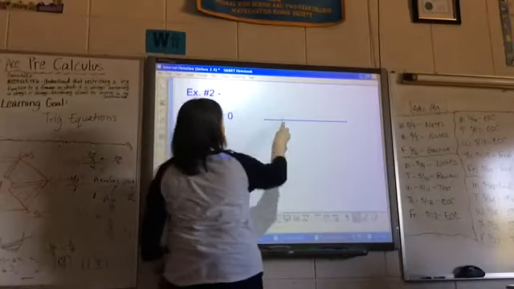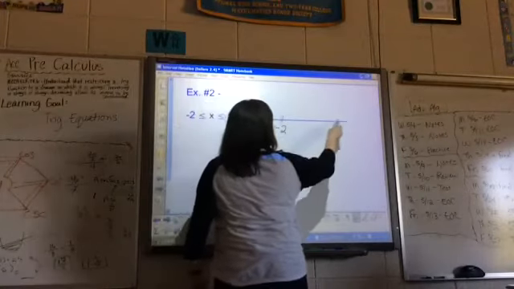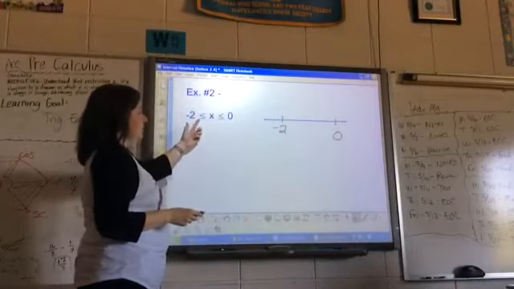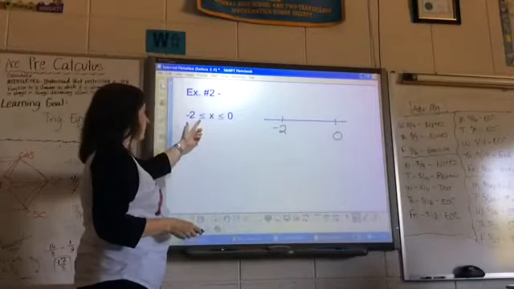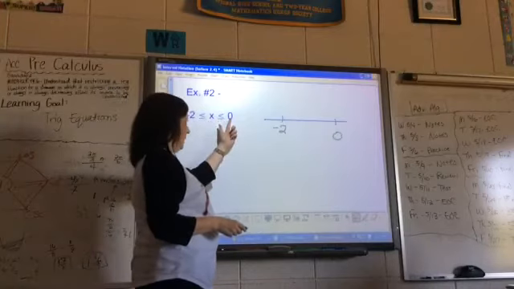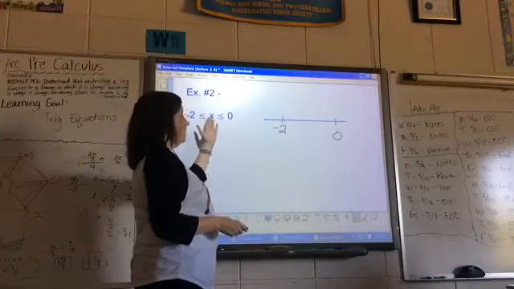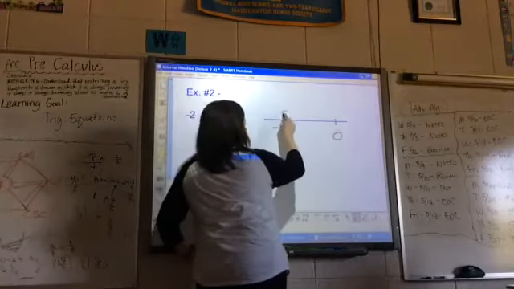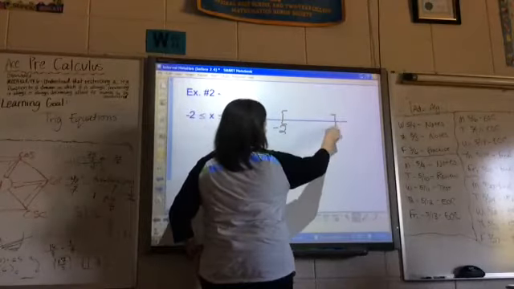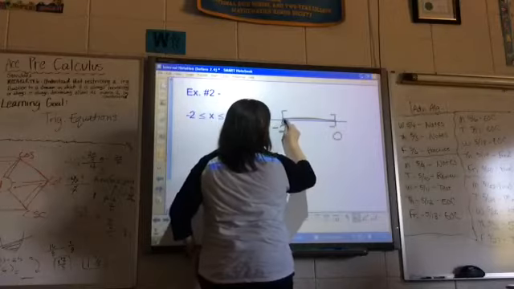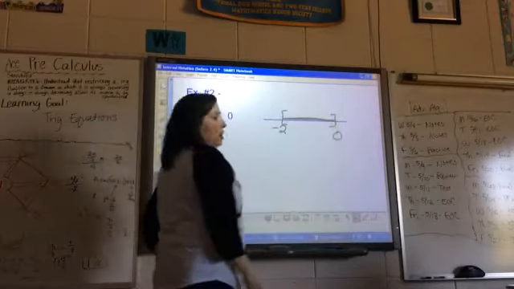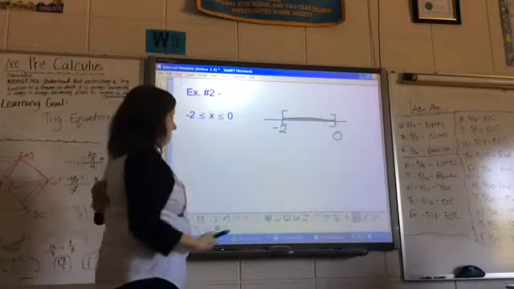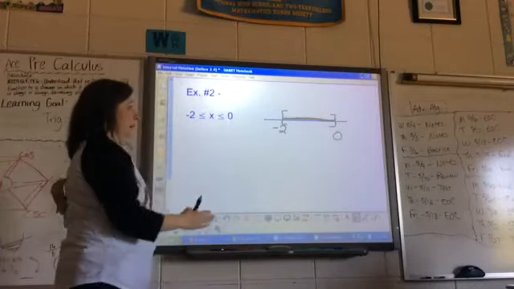I'm going to have -2, and I'm going to have 0, and I've got an equal sign here, so that means I've got a bracket, and an equal sign here, so a bracket, and I'm shading X. You're always shading X, so I'll shade in between. So it would be a bracket, and shade in between. And notice the brackets are always open towards the shade, just like the parentheses are open towards the shade. So that would be the correct graph for that.